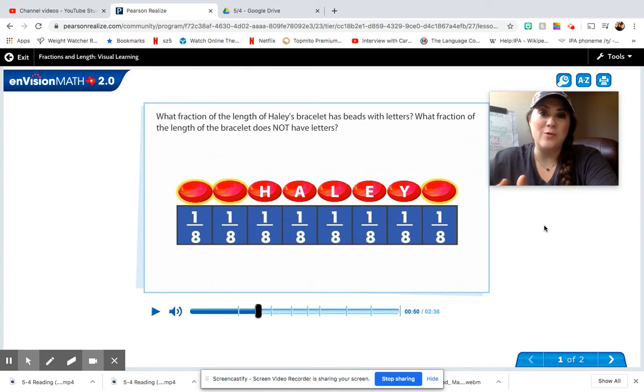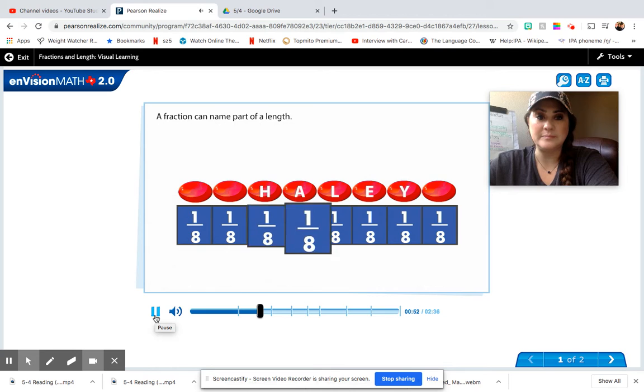So we know that we have to count the beads with the letters on it to determine the fraction of the bracelet with beads of letters. And then we'd have to count the beads with no letters on it to determine the fraction of the bracelet that does not have letters. And you can also do this to determine the length of this bracelet.